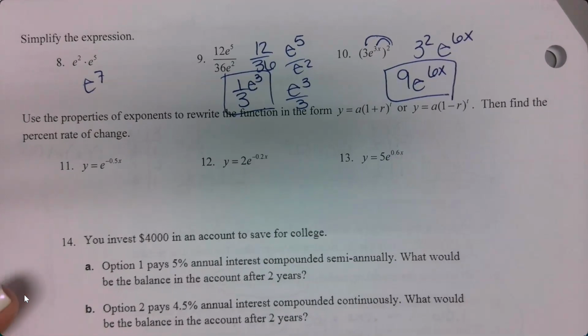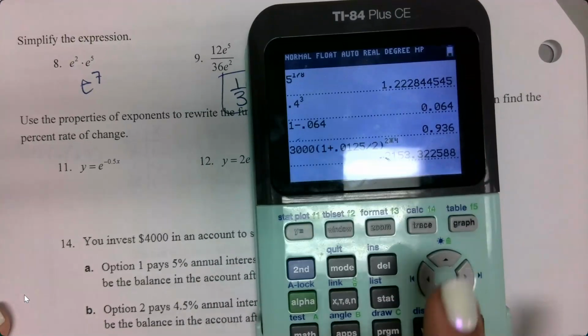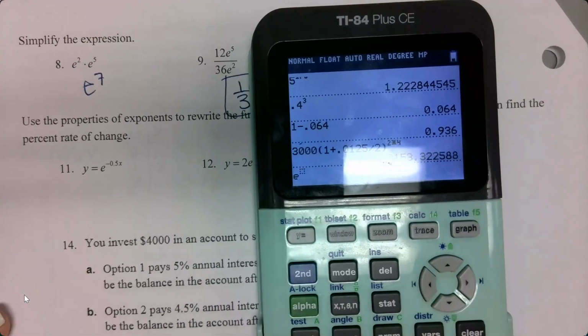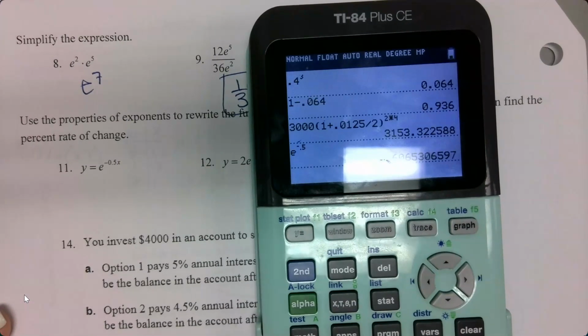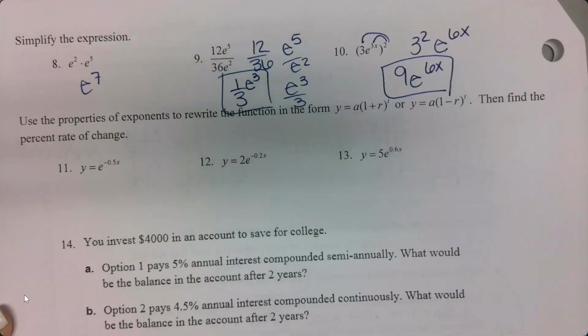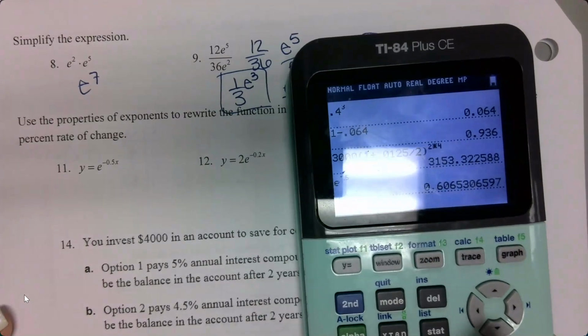Okay, these ones want me to use the properties of exponents to rewrite this. This is kind of like what we did on the front side, so I just want to rewrite the part that has the e into my calculator. So if I go e to the negative 0.5, this gets me, it doesn't say how many decimal places, I'll do 3.